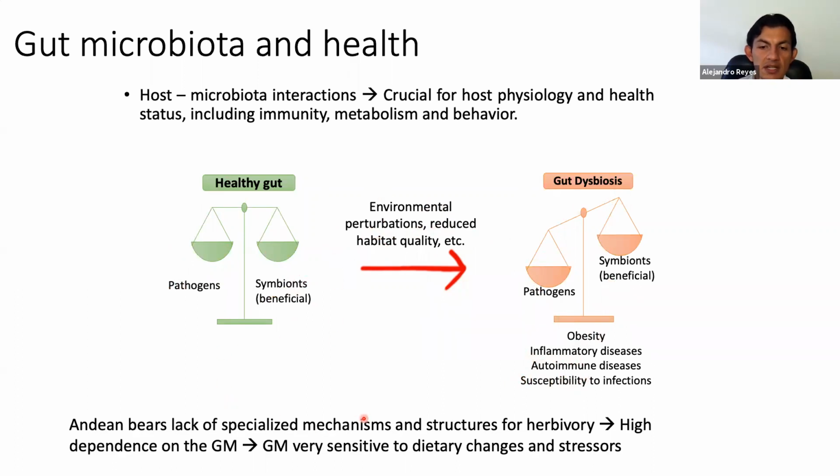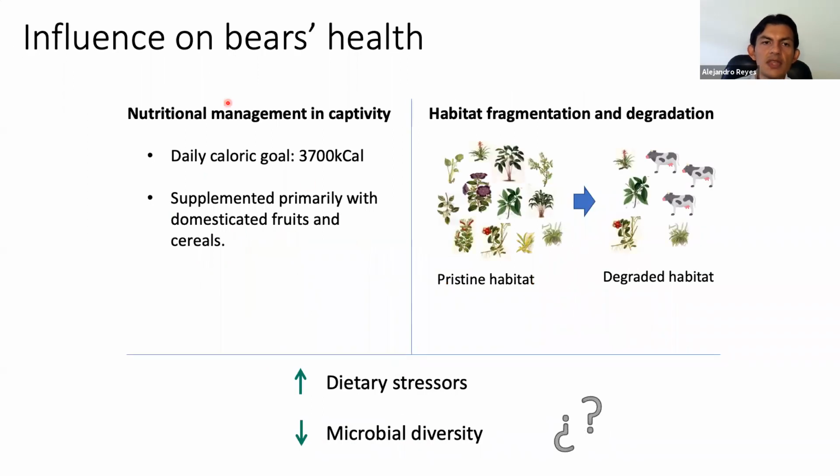Given the lack of specialized mechanisms and structures for herbivory in the Andean bears, there is a high dependence on the gut microbiome for their health. And this means that this gut microbiome is also very sensitive to dietary changes and stressors.